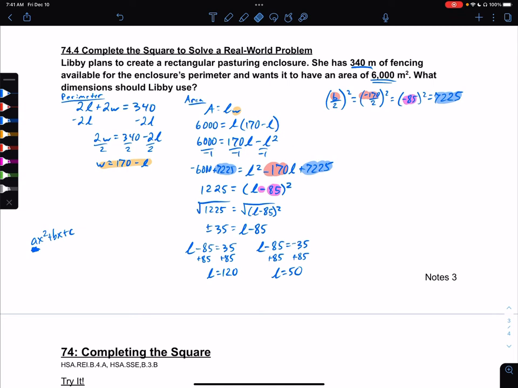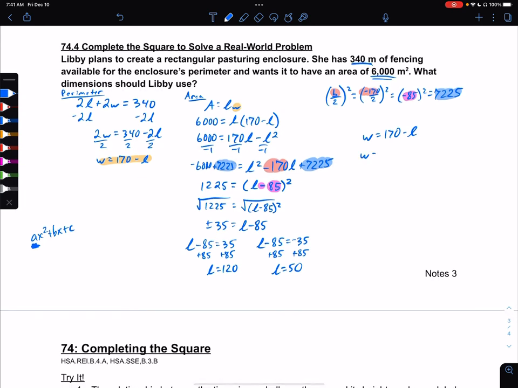We know W is equal to 170 minus L, and we have two options for L. We could do 170 minus 120, and then W would be 50, or W equals 170 minus 50, so W would equal 120.